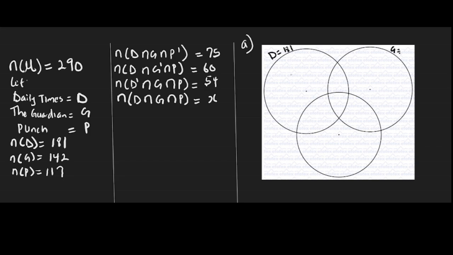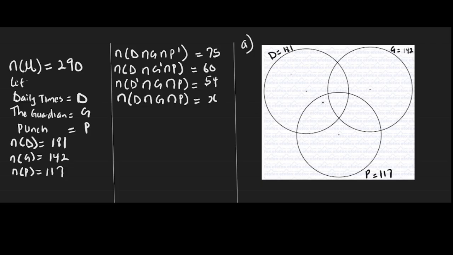Number that read the Guardian is equal to 142, and number that read Punch is equal to 117.